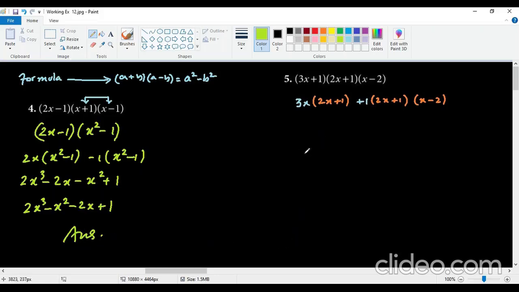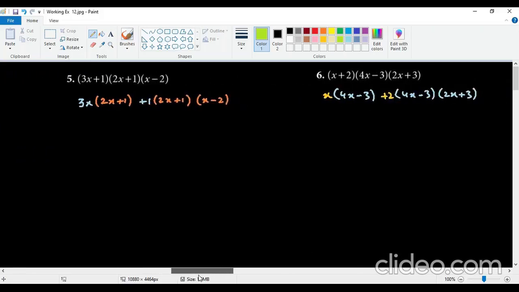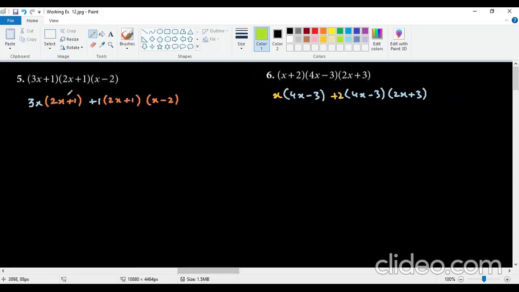Moving on to question number 5. In this question it says that 2x plus 1 is going to be multiplied by 3x plus 1 first. So 3x plus 1, times 2x is going to give you 6x square for the first one.